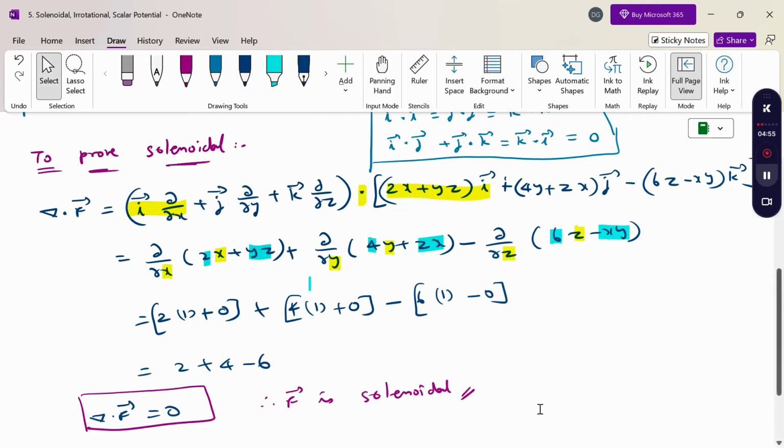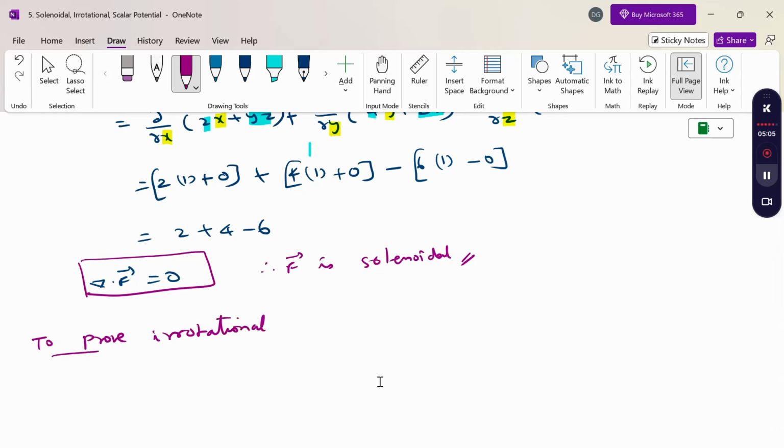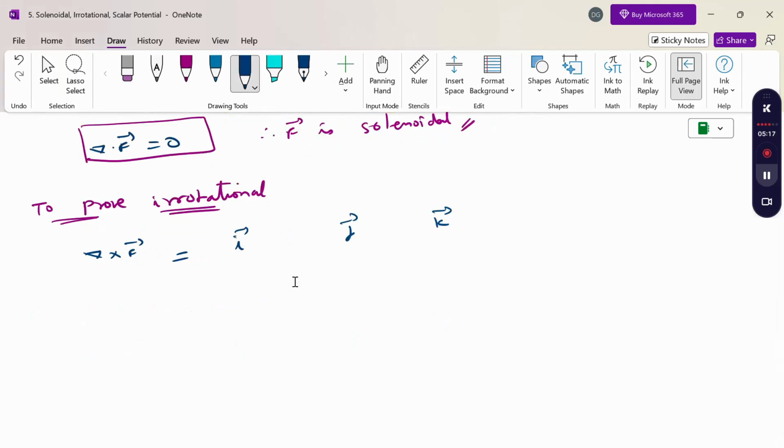Hence proved. Then to prove irrotational. Irrotational is nothing but curl, del cross f vector equal to 0. So del is i vector, j vector, k vector; dou by dou x, dou by dou y, dou by dou z.